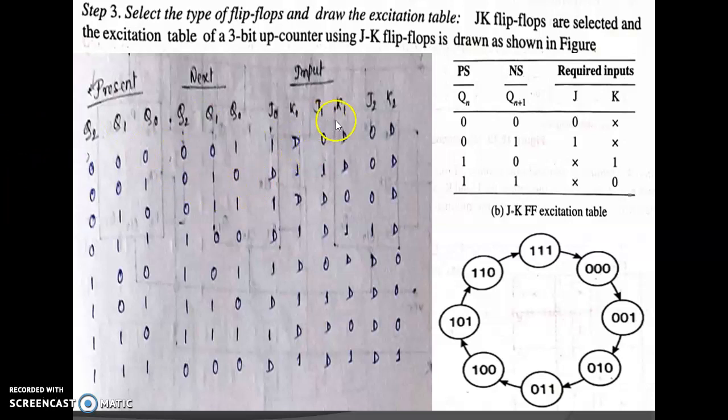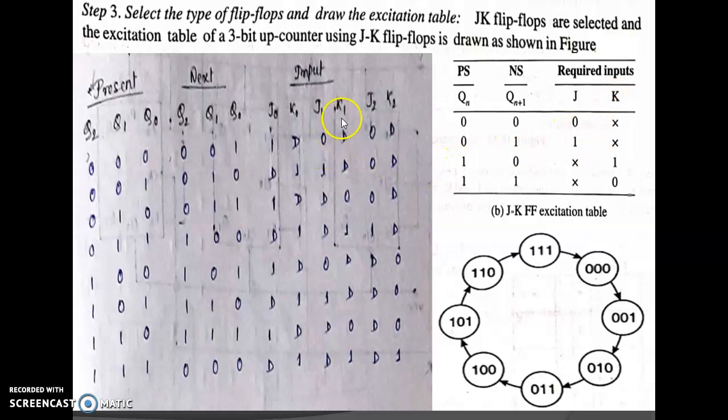Next is J1 K1. When we find the excitation table of the J1 K1 flip-flop, we need to work on the present state Q1 value and next state Q1 value. The present state Q1 value is 0. Next state Q1 value is also 0. Go to the truth table: present state 0, next state 0, this time J value 0 and K value don't care.